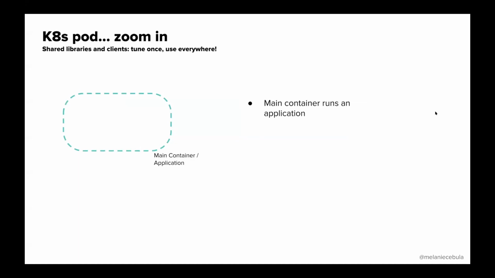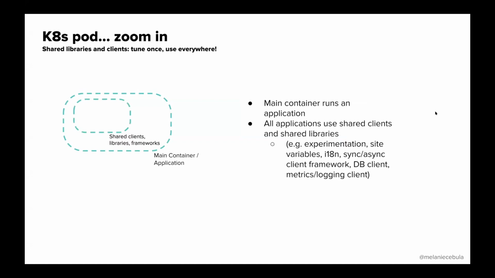And when we talk about the K8s pod and sidecars, that's one thing, but another thing that a lot of people forget about is that the main container runs an application, but the application runs a lot of shared libraries and frameworks. All of our applications use shared clients and libraries that handle experimentation, site variables, internationalization, sync and async requests, DB clients, other service clients, metrics and logging clients.